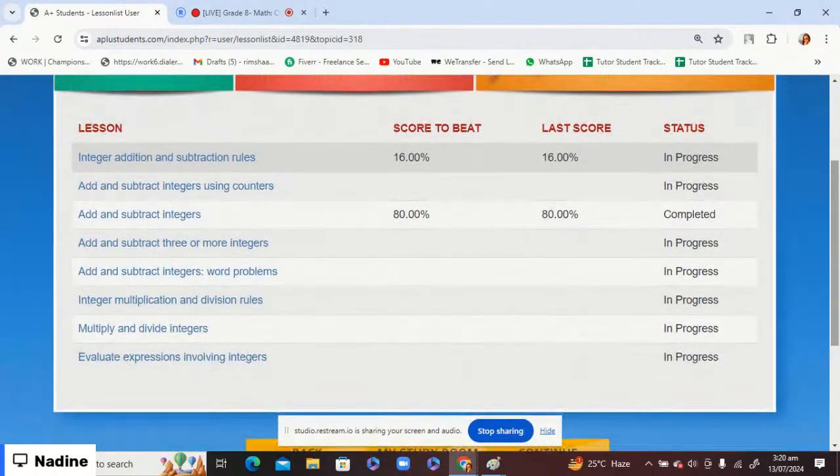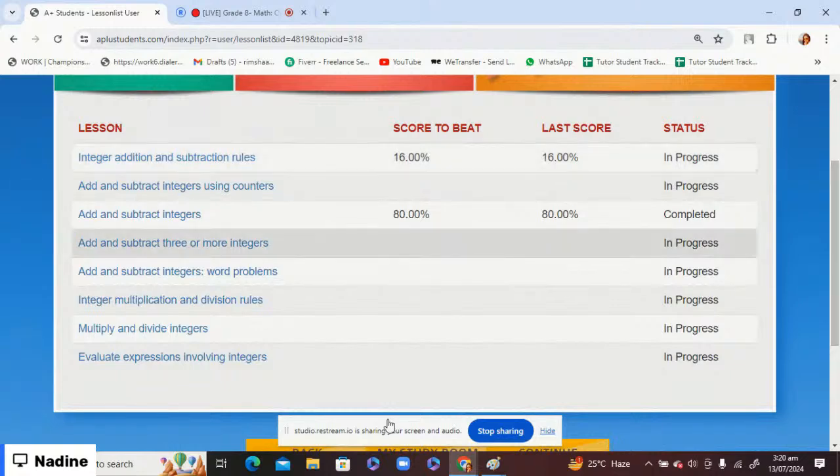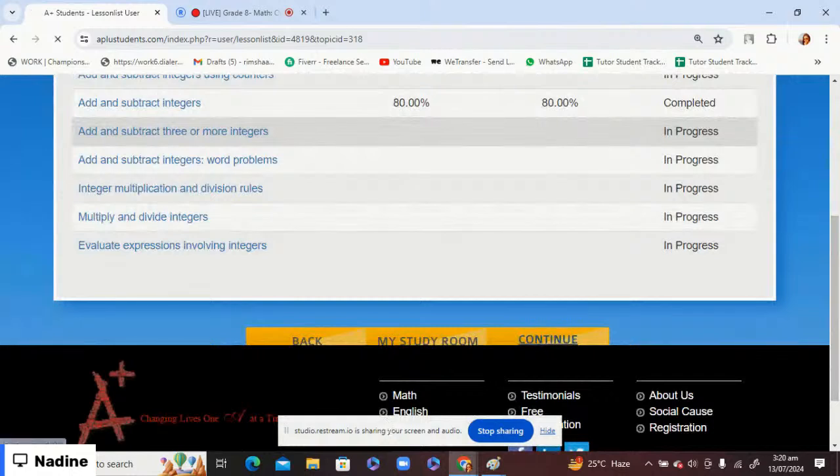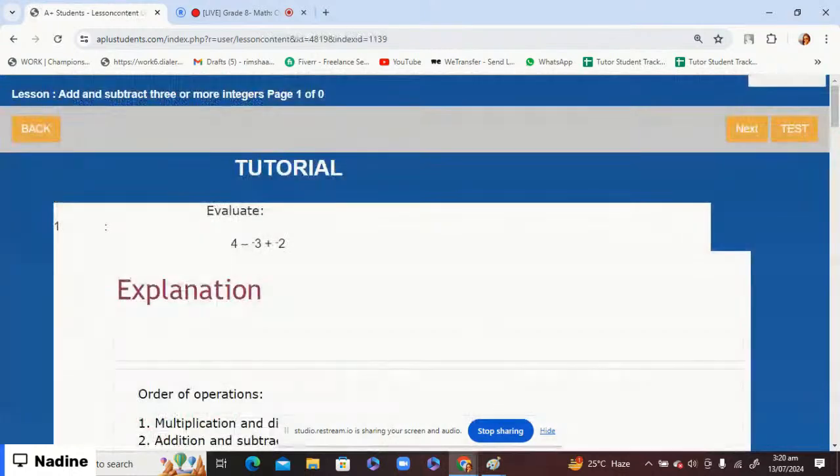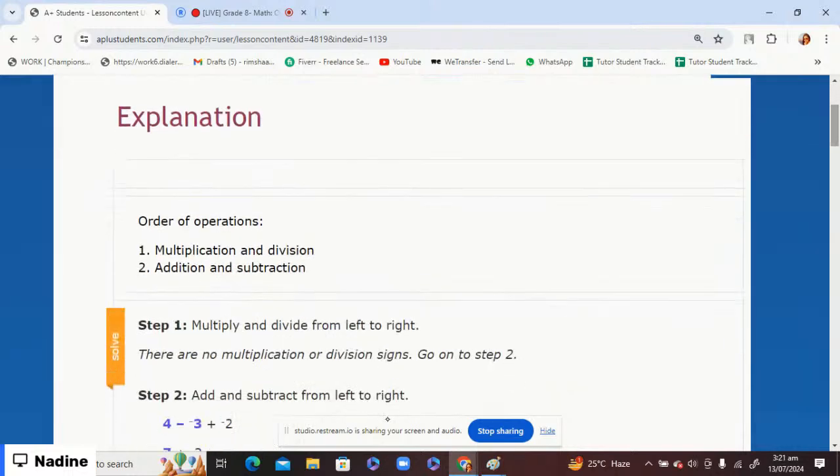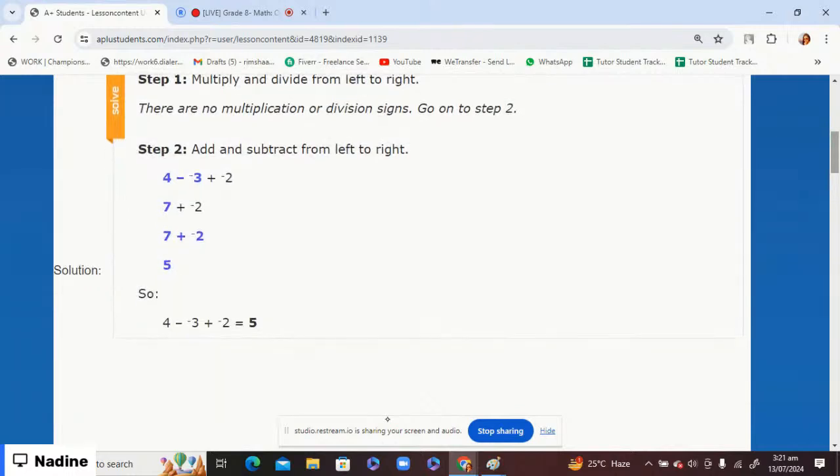So let's start the next lesson, which is add and subtract three or more integers. Let's check it here. It's 4 minus into minus 3 plus into minus 2. If there are three or more integers, how can we solve it? We will check this one by one. First of all, we solve the first two digits, then solve with the third digit.